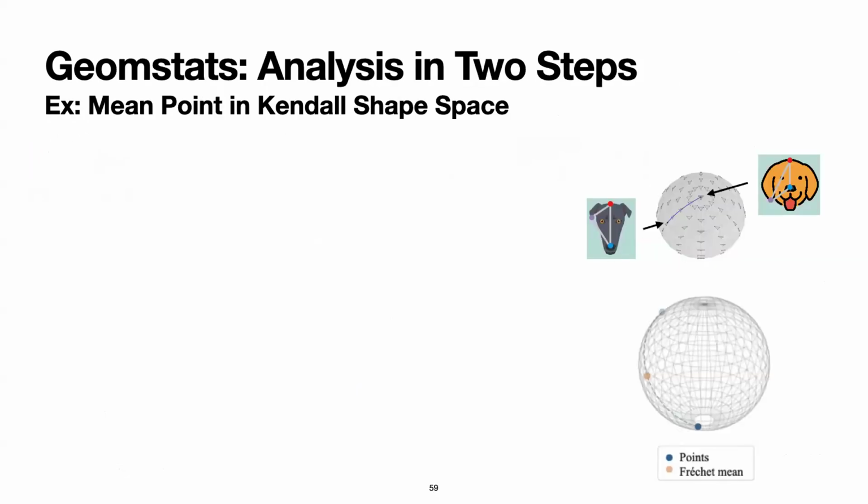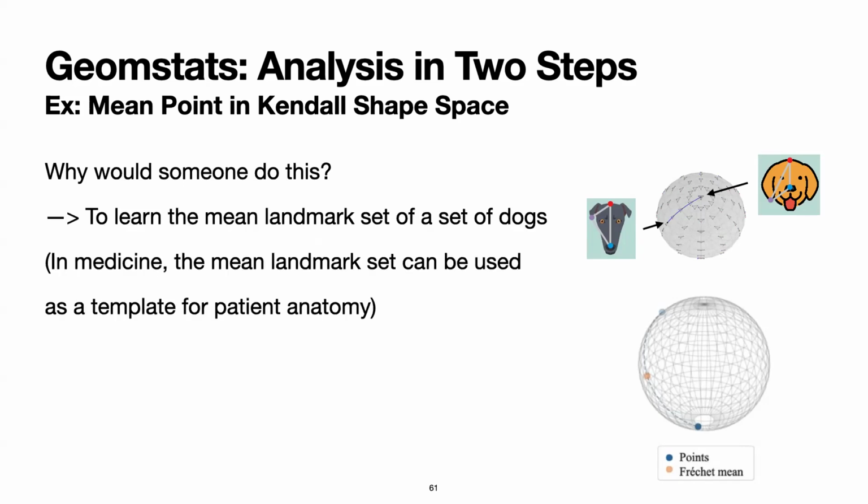So Geomstats makes your life so much easier if you're trying to tackle any of these problems, because you can essentially boil any statistical computation down to 2 steps, which I'll get to in a second. But first, we'll do an example of calculating the mean point in Kendall shape space. Why would someone do this?